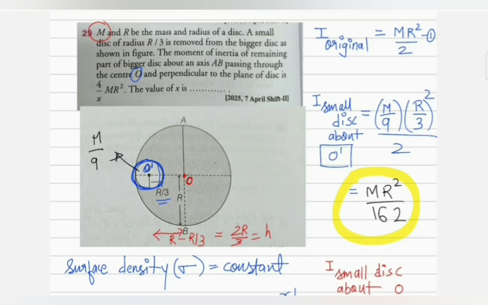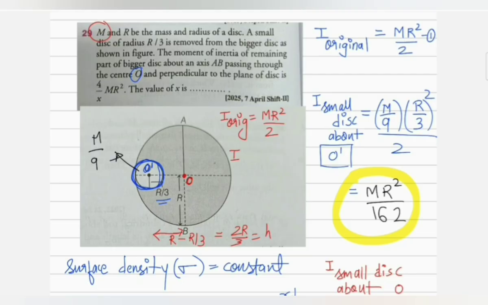करेक्ट है स्टूडेंट्स? मुझे बताओ what is moment of inertia of the original disk? Moment of inertia of the original disk is mr² by 2. Do you understand, original students, जिसमें पूरा disk solid है, आपने कुछ cavity cut नहीं किया है. Original moment of inertia was mr² by 2 about which center, sir O. अब O के ऊपर ही focus करो आप.